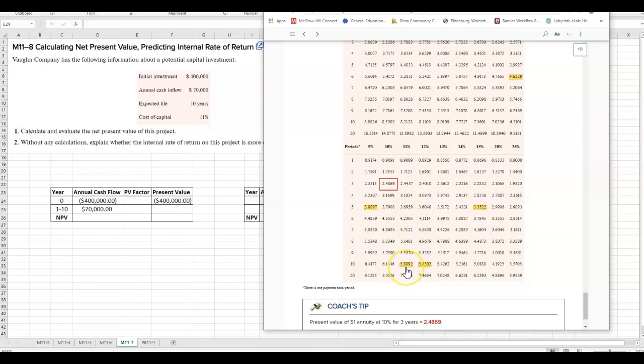And we come up with 5.8892 for a factor. Multiply those, 70,000 times 5.8892, and we come up with 412,244. Net these two, and we come up with a positive net present value.